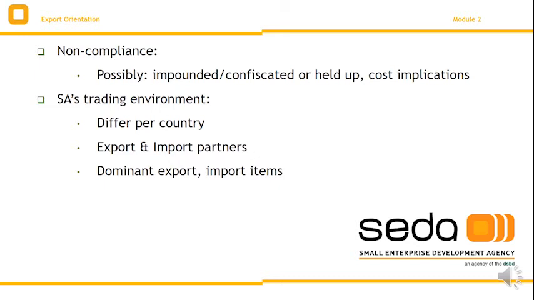South Africa also has dominant export and import items. The top export items are gold, diamonds, platinum, machinery and equipment, coal, and motor vehicles and parts, and the top 5 import items are machinery, transport equipment, chemicals, petroleum products, textiles, and scientific equipment.